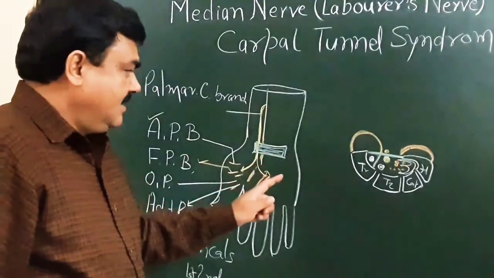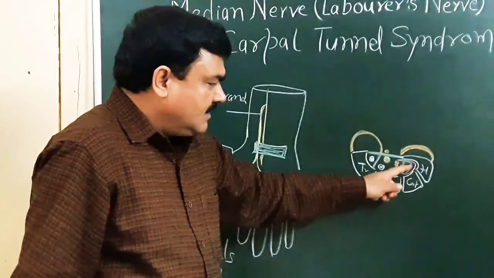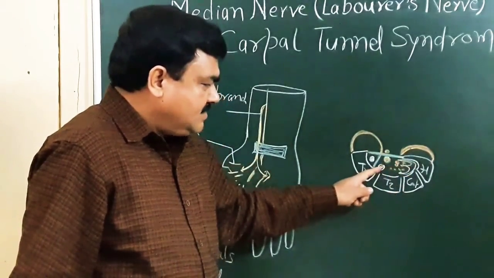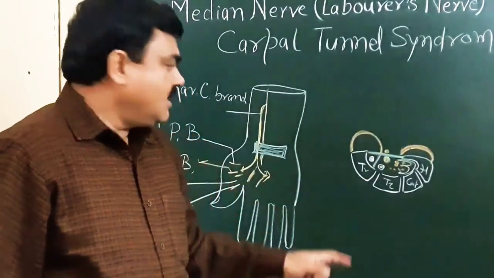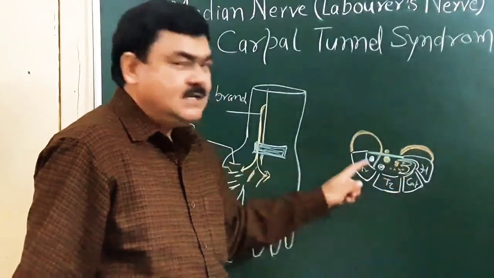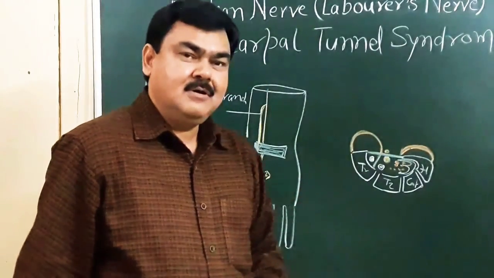Causes of compression may be tenosynovitis of the ulnar bursa, tenosynovitis of the radial bursa, or fracture dislocation of these carpal bones, usually of the lunate.